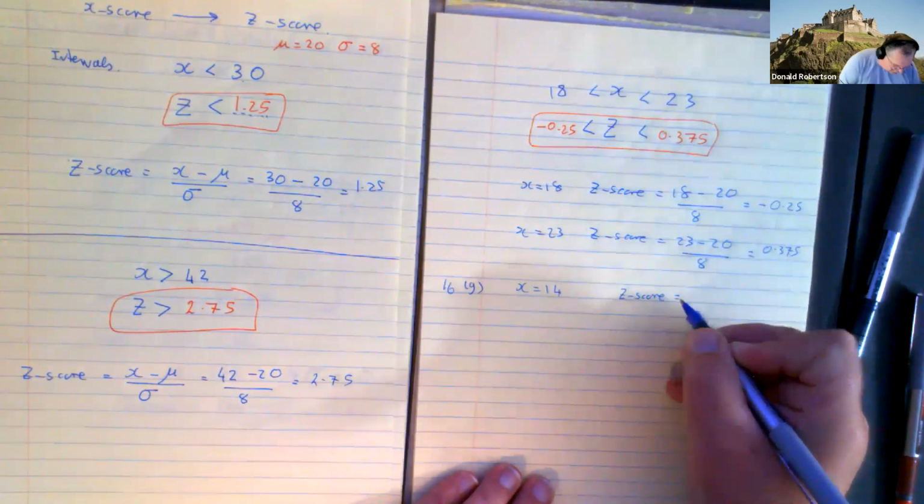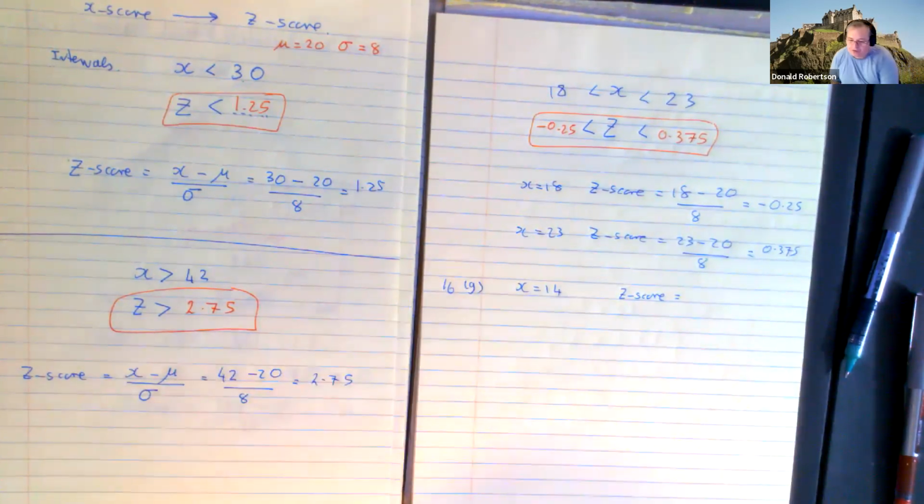Now, before I calculate the z-score for this person, I kind of need to know what unusually small should be. Well, if you're small, shouldn't the z-score be negative because you're less than the mean? And if you want to be unusually small, isn't that magic number -3?